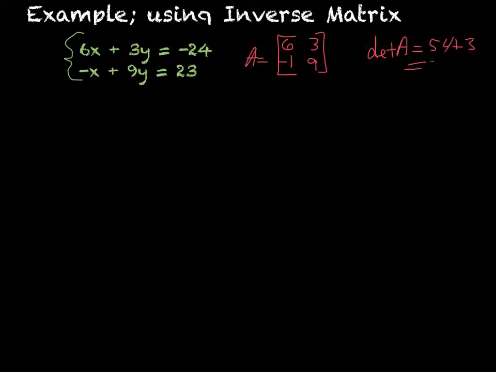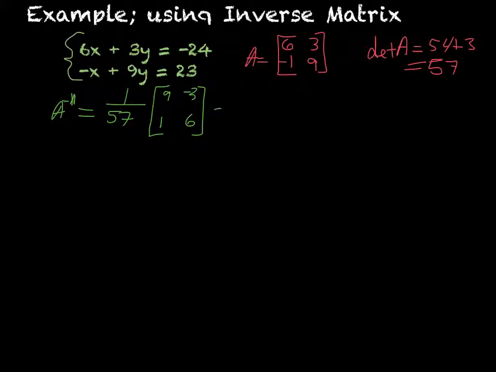So my determinant of A is 57. Once I find my determinant of A, I can find A inverse. That's going to be 1 over 57 times, switch my 6 and my 9, add negatives to the others. So that gives me 9, -3, 1, and 6.